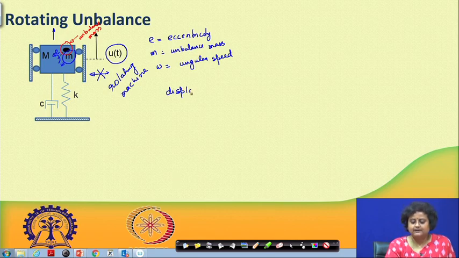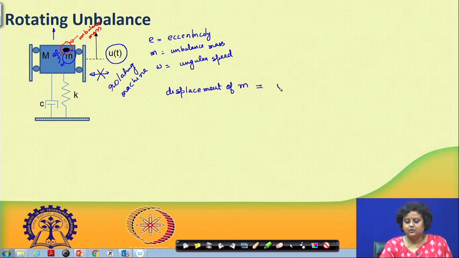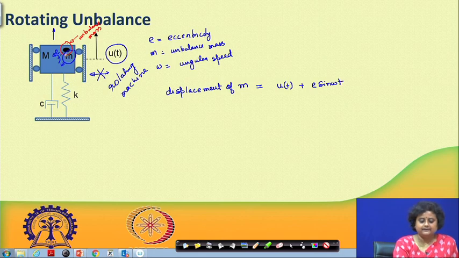Let us find out the displacement of the small mass m, or the rotating unbalance. That is going to move in the vertical direction by u(t), plus it is going to move in the vertical direction by e sin omega t, because it is at a distance e from the horizontal.